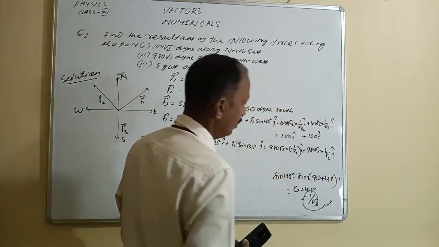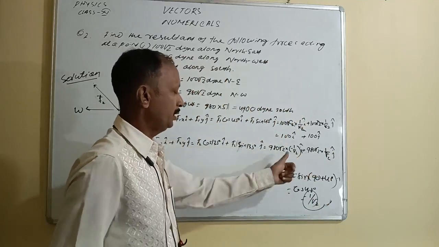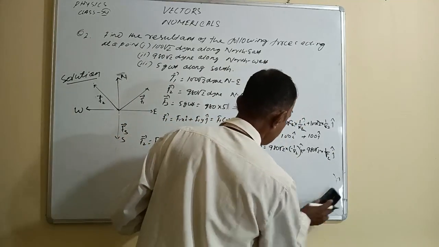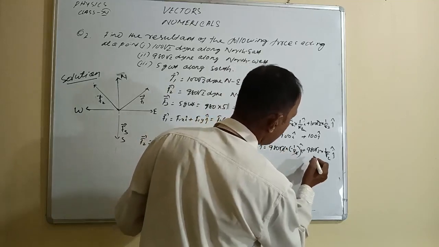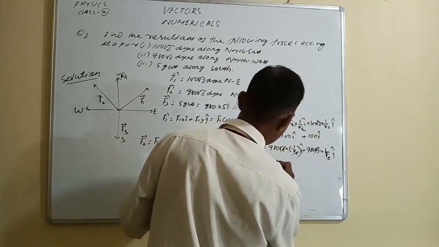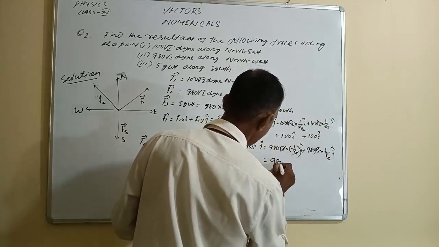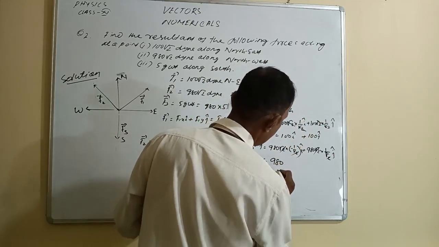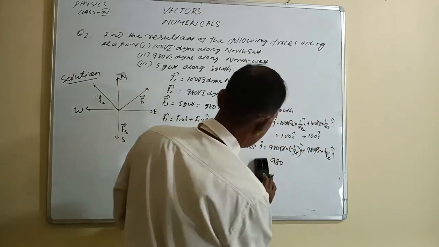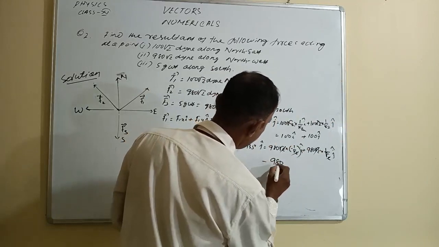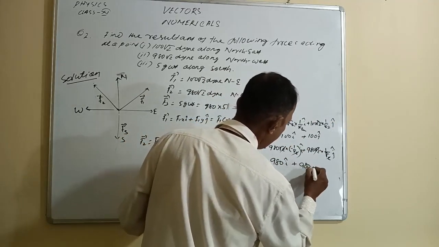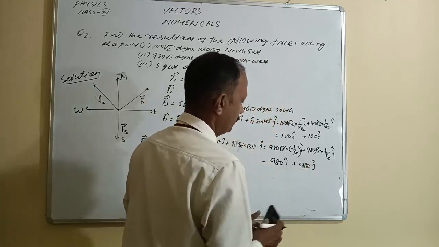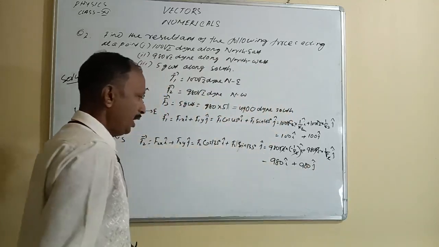So I have used plus 1 by root 2 here, but minus 1 by root 2 for the other. The root 2 cancels, so this is minus 980 i cap plus 980 j cap. This is about F2.